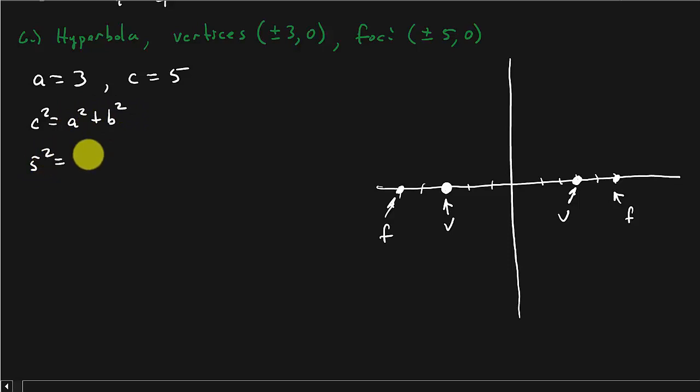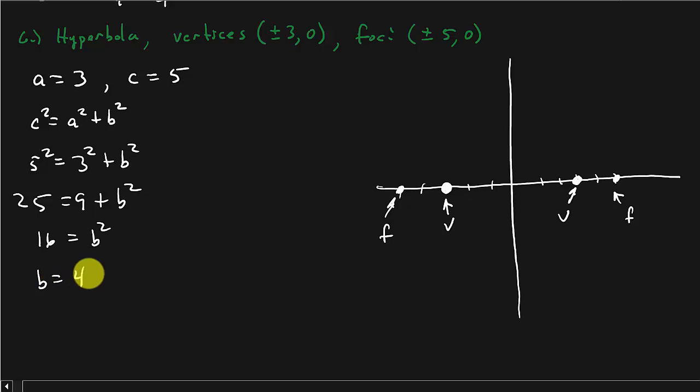And so we've got 5 squared is equal to 3 squared plus b squared. So that's 25 is equal to 9 plus b squared. So we get b squared is 16. So b is 4. I know we don't really need to know what b is, but I just went ahead and wrote it.